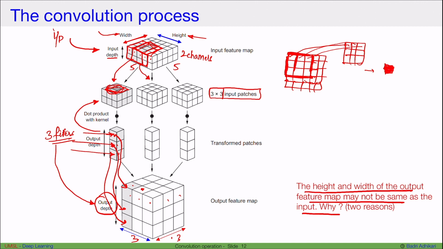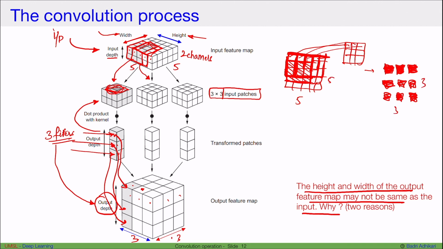And then I do the same thing for the next grid. So I go from here all the way to here. I multiply, I get another value. Same thing for the last possible grid I have, and then I get another value. Next, I scroll down and I look at another 3 by 3 pixel region over here. I get another value, and similarly, I will get a total of 3 by 3, that is 9 values. So my input is 5 by 5, but my output will be 3 by 3.